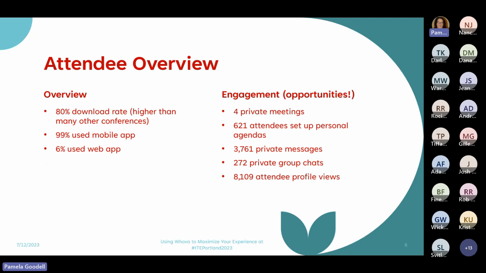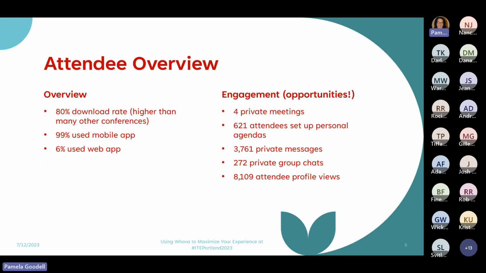Whova has indicated, and these are 2022 numbers, that 71% of overall attendees from other conferences downloaded the app. So we do have a higher download rate, which means attendees do use the app. In fact, they are already using the app for a number of things, to set up meetups. I think somebody's interested in doing a meetup to run in the morning, for instance. So people are already using the app.